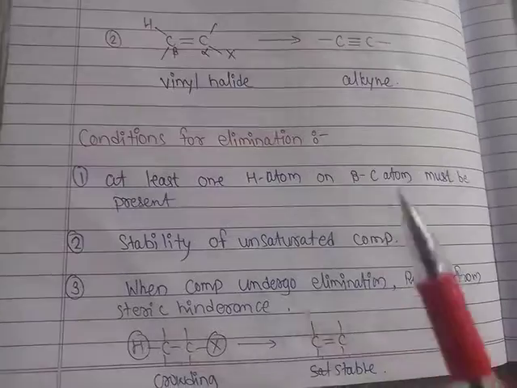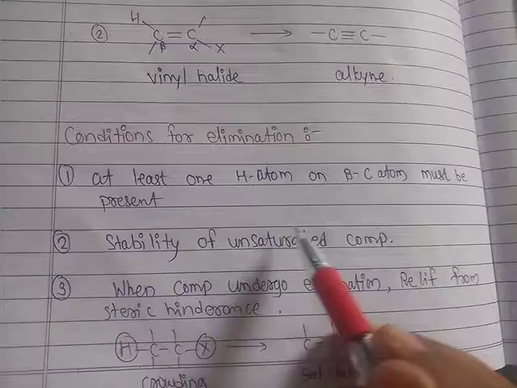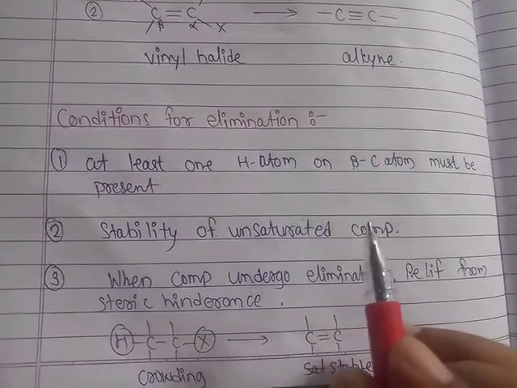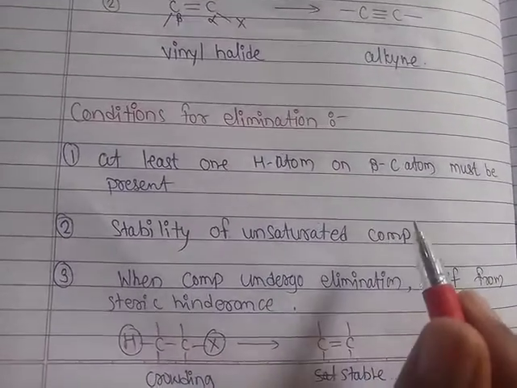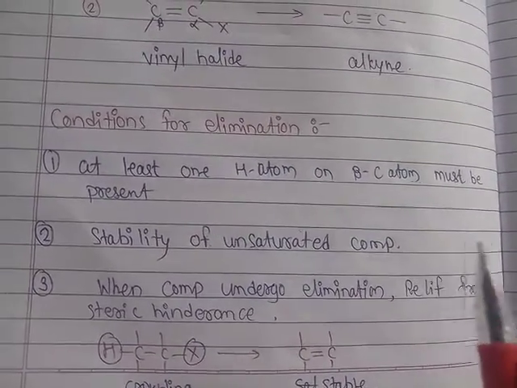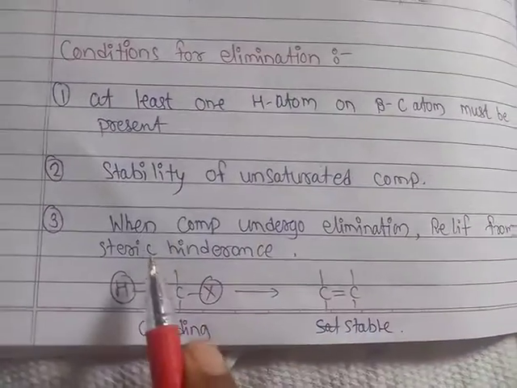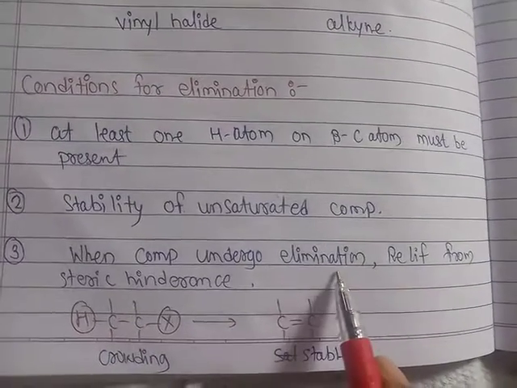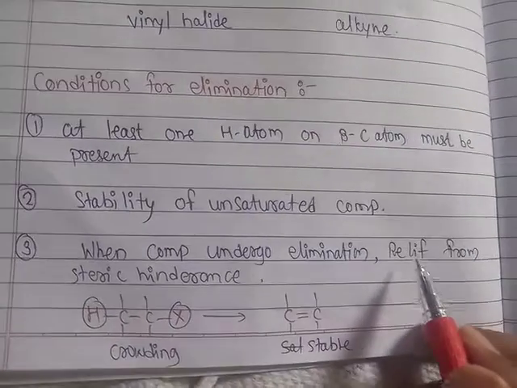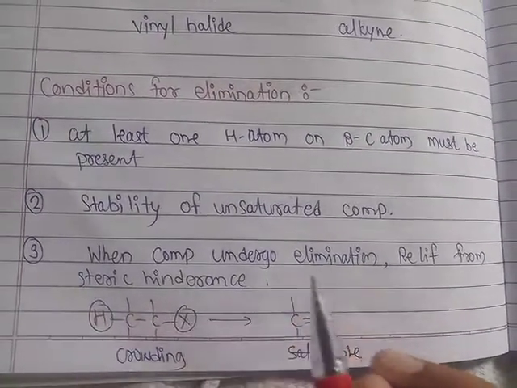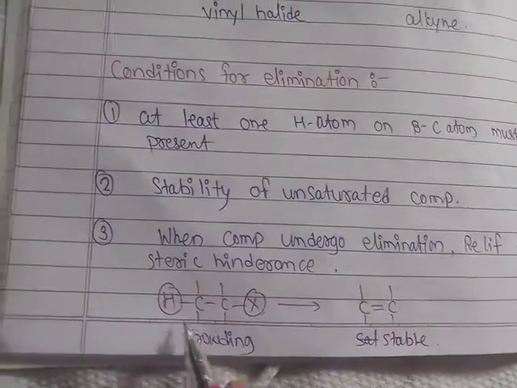Then the second point is stability of the unsaturated compound. The generated compound must be unsaturated, and which type of alkene or alkyne is generated depends on its stability factor. Then the third point: when a compound undergoes elimination, relief from steric strain is observed, meaning when crowding is present in the compound.